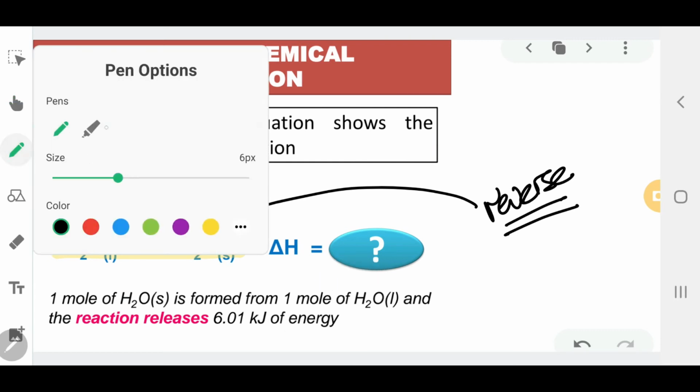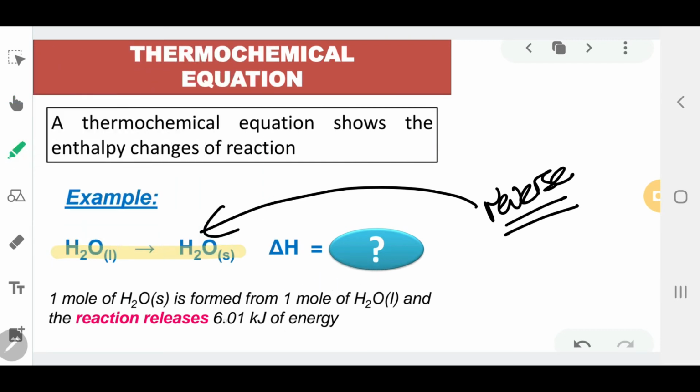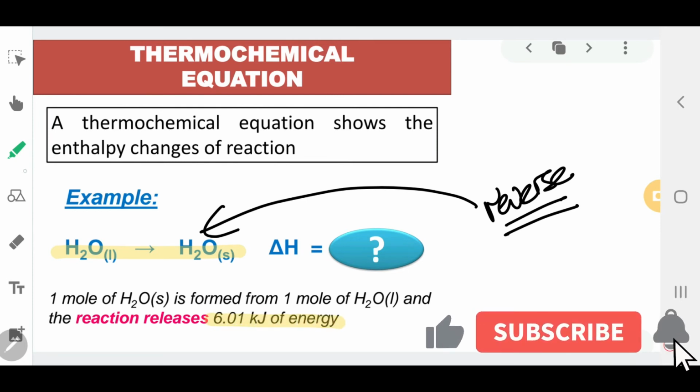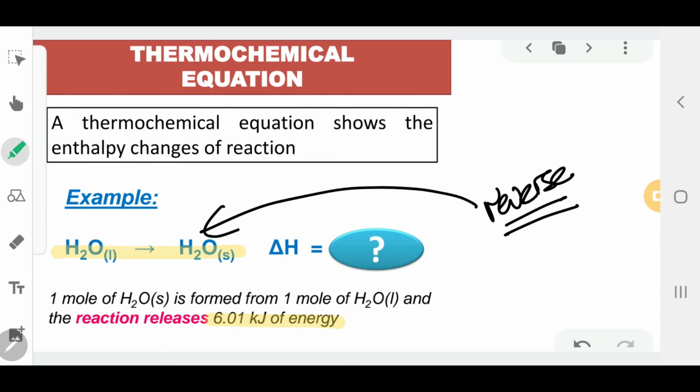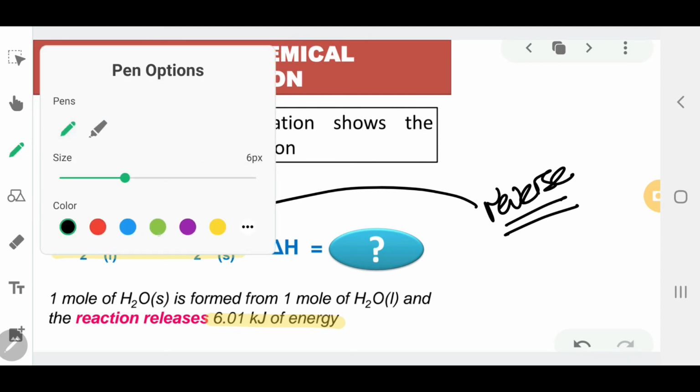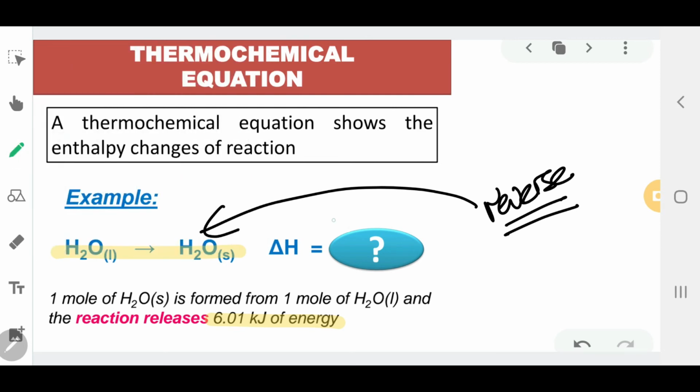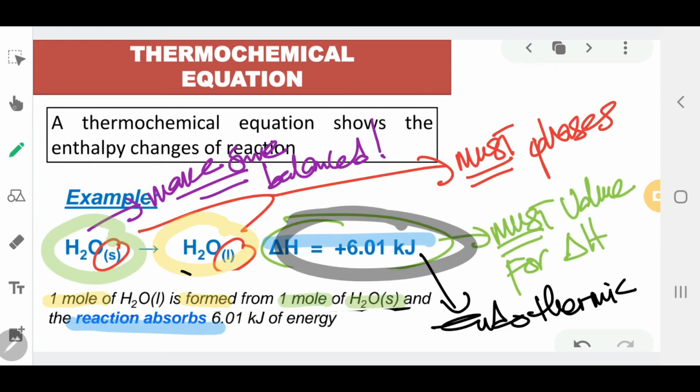The magnitudes, the number, will be the same. Still 6.01 kilojoule. But this time, instead of positive in front, you'll have it negative, 6.01 kilojoule. Different from what you had here.